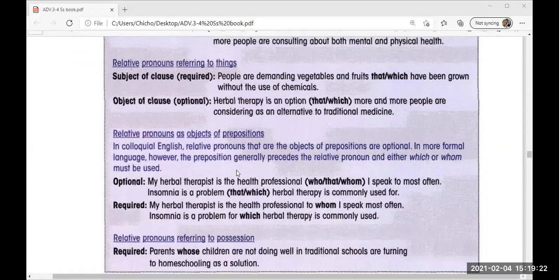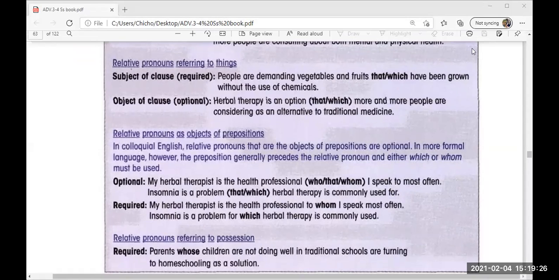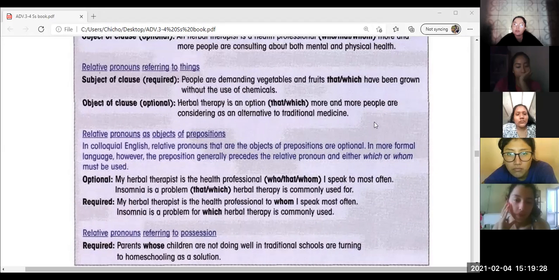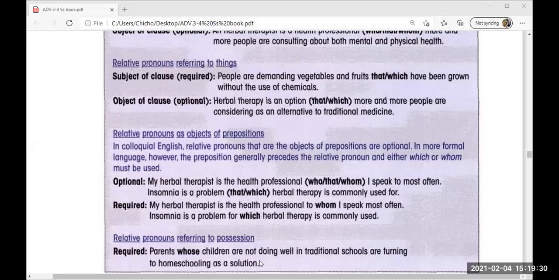Relative pronouns referring to things. Okay, let's go with Nicole. Can you read the first one, please? Subject of clause, required. People are demanding vegetables and fruits that or which have been grown without the use of chemicals.